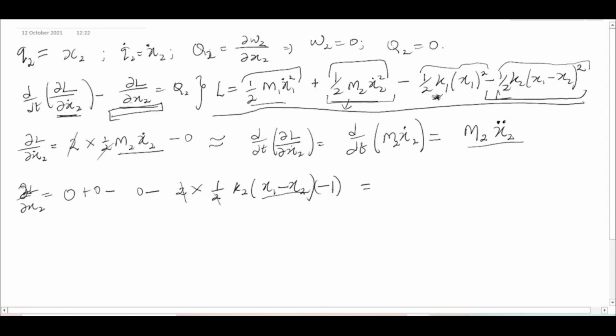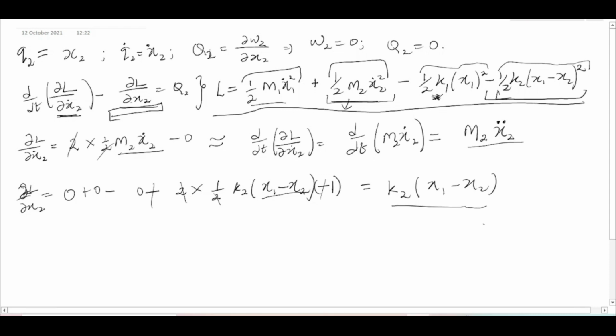The minus signs cancel out, and what we have at the end of the day is k2 (x1 minus x2).